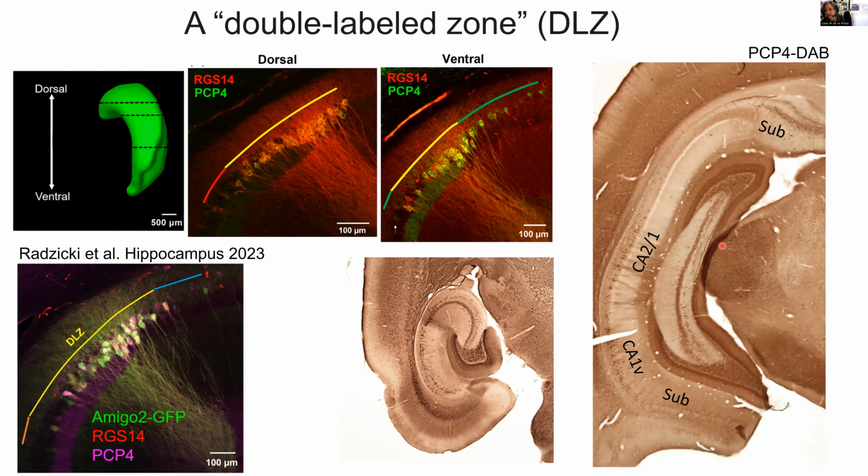And more importantly, if we make a coronal section from the dorsal to the ventral hippocampus in rat and in mouse, we can clearly see, as again was commented this morning, how PCP4 positive cells can also be identified at the border, at an intermediate level.